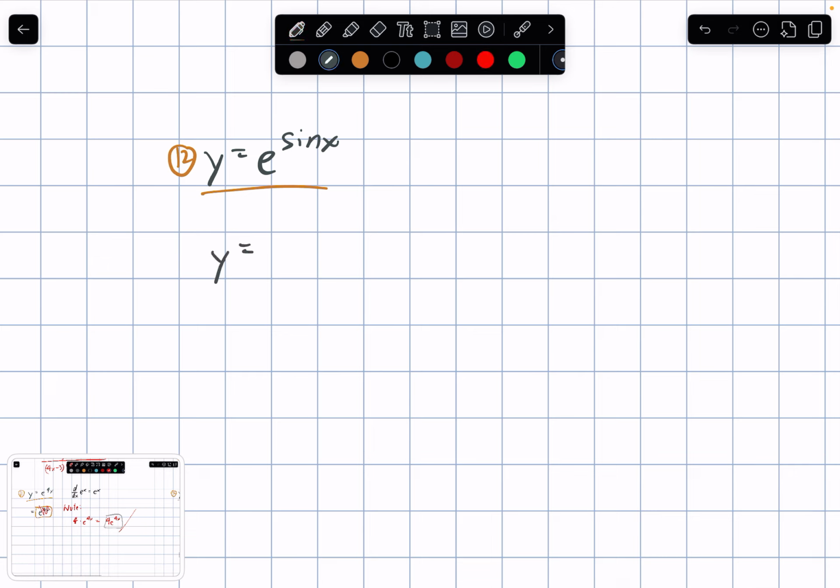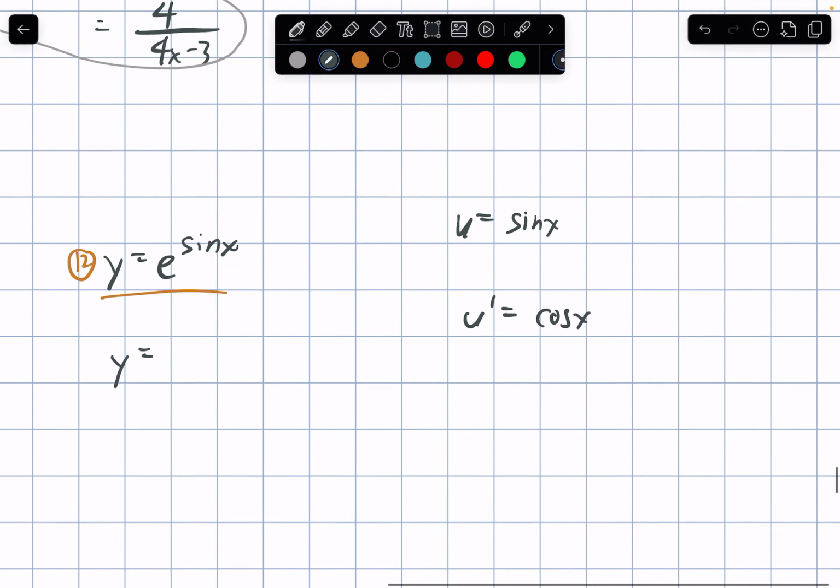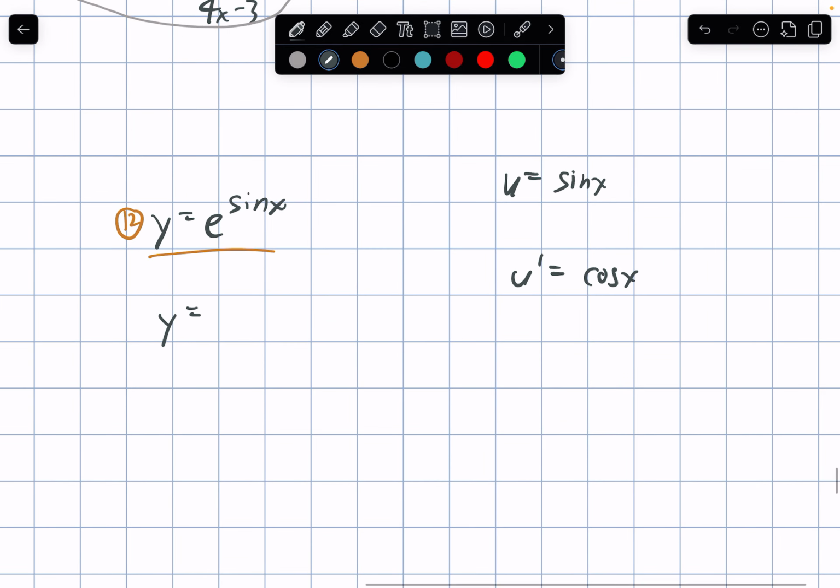Y is equal to, okay, u is equal to sine x. What's the derivative of sine x? Cosine x. Okay, what's next? E raised to u is equal to e^u times du over dx. I think this is the formula.